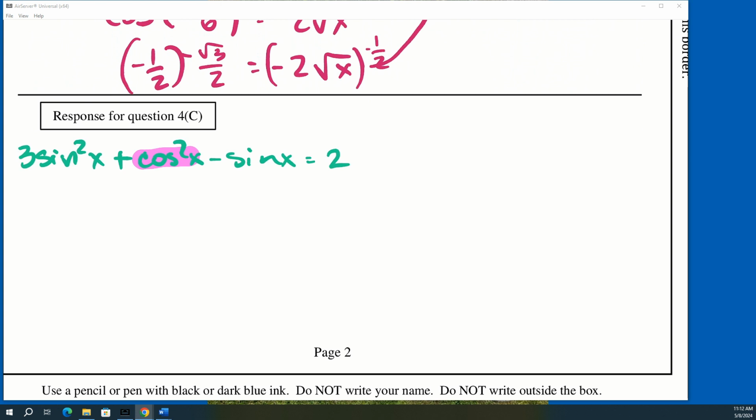Yes. So he is saying take this one that we all know and basically solve it for cosine squared. So that means I can take 1 minus sine squared of x and put it where cosine squared of x is.